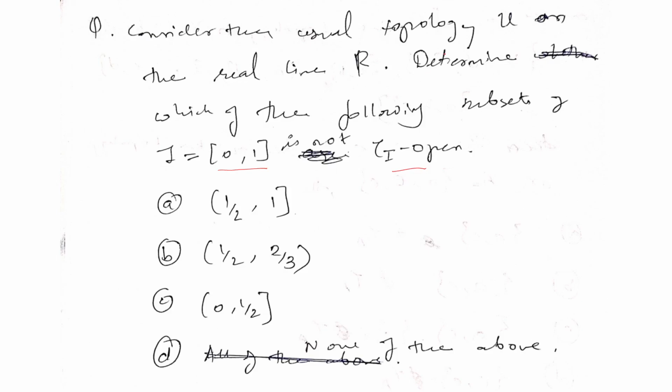So you have been given the usual topology U on the real line R, and you need to determine which of the following subsets is not tau I open. Is it option A, that is open at half and closed at 1, or option B, the open interval half comma 2 comma 2 by 3, or C, that is open at 0 and closed at half, or option D, none of the above?